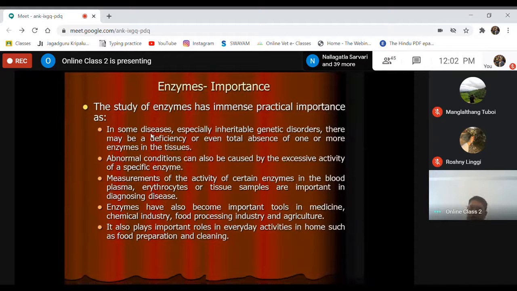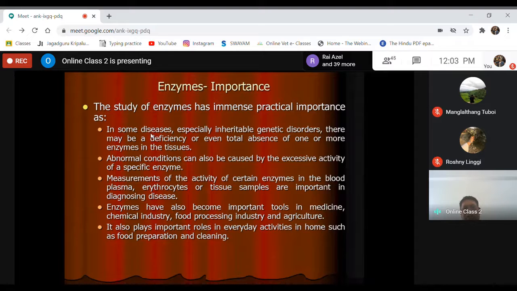So again, until and unless we know fully about the enzymes, we cannot apply them for these purposes. So we need to study the enzymes. Enzymes also play important roles in everyday activities at home, such as food preparation, cleaning, etc. For food preparation, you must have heard about papain, the enzyme extracted from papaya.